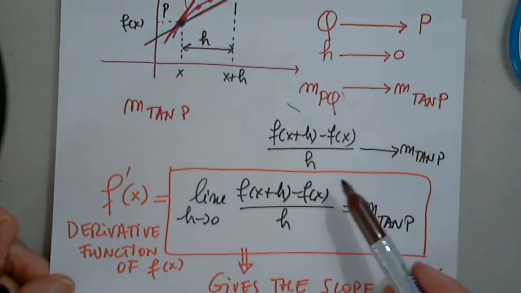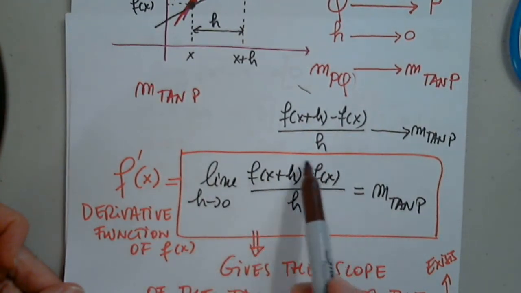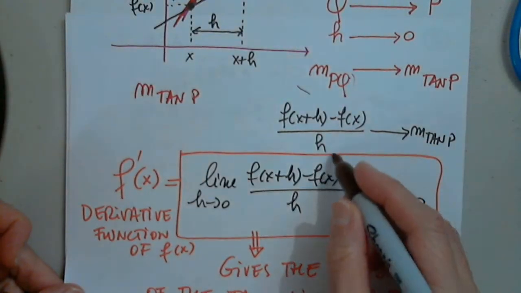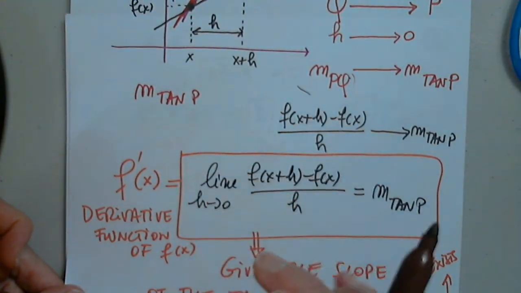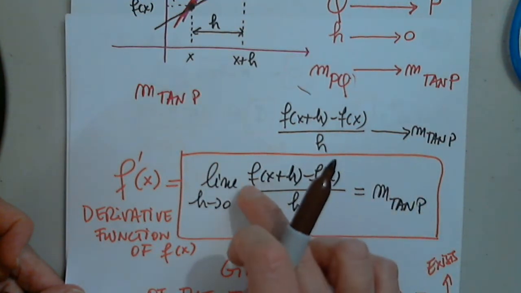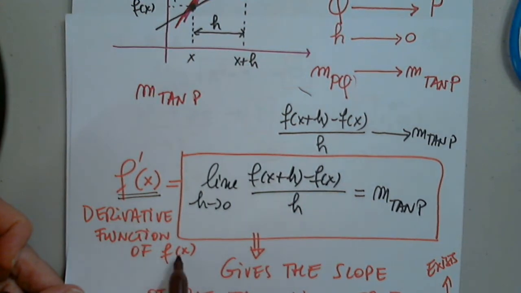So through this step-by-step analogy, we realize that the limit of the difference quotient is the slope of the tangent line at P. And this concept, putting together the limit and the difference quotient for a function f of x, gives us something called the derivative function.